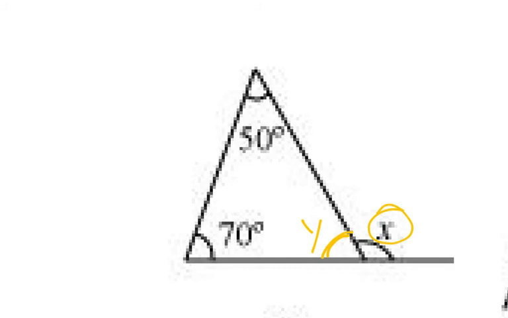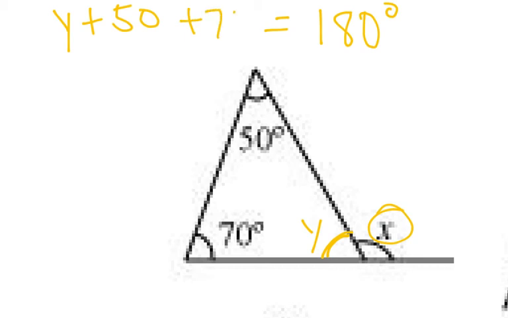So looking at our triangle, because all angles inside a triangle always add up to 180 degrees, we can use the information we have. So we know that y plus 50 plus 70 is going to add up to 180 degrees.